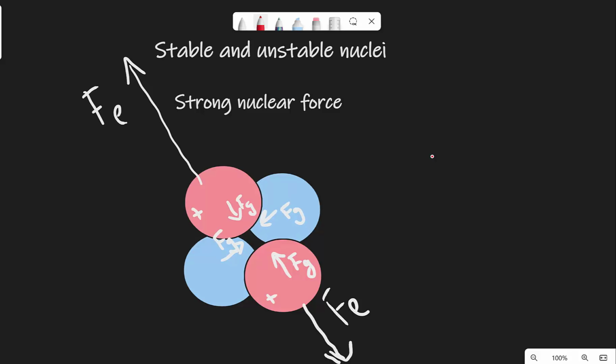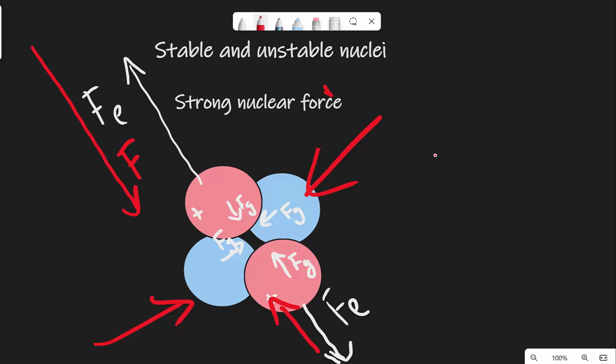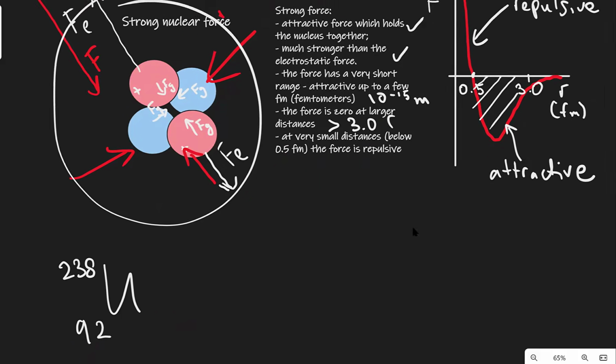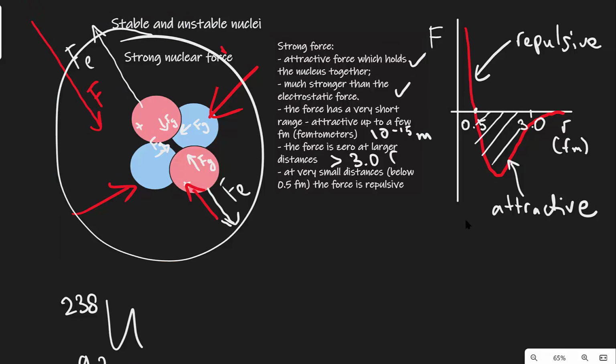Now they don't, which means that there needs to be another force that exists within the nucleus that is gluing the nucleus together, and well, this force is the strong force that is responsible for bringing and gluing the nucleus together.